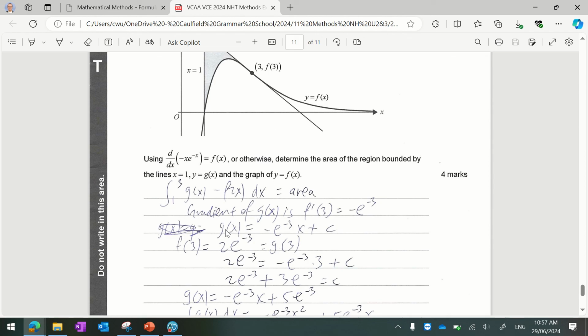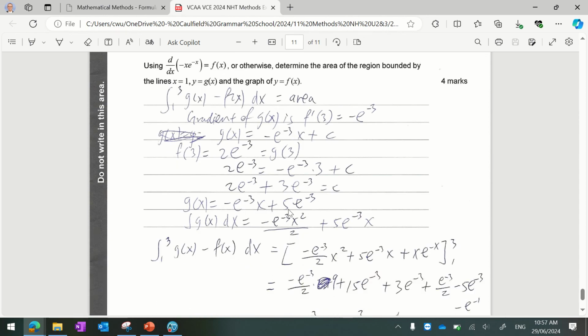So I calculated that. When x is 3, the y value is 2e to the power of negative 3. So y value is 2 times e to the negative 3, and then x value is 3. So that means to find c, and then I construct the actual g function, and then I antidifferentiate g, and then I get this. Because it's a straight line, it's okay to antidifferentiate.